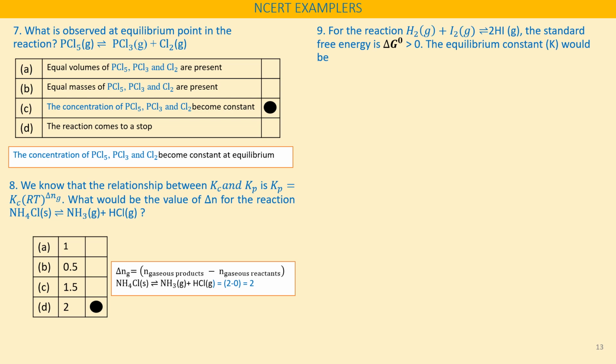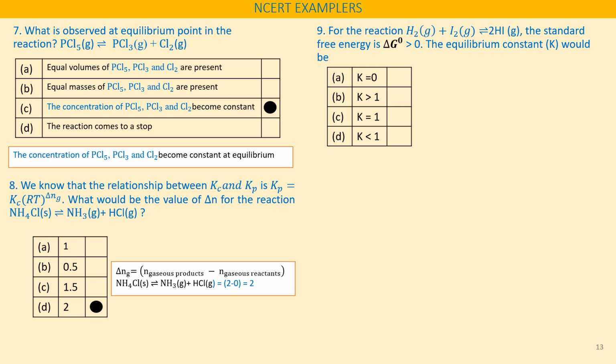The equilibrium constant would be: K equal to 0, K greater than 1, K equal to 1, or K less than 1. Please apply the logic. We know the formula: ΔG° = -RT ln K. In this equation, if ln K is negative, then ΔG° is positive. That means K is less than 1. So the option is D. Mark it.